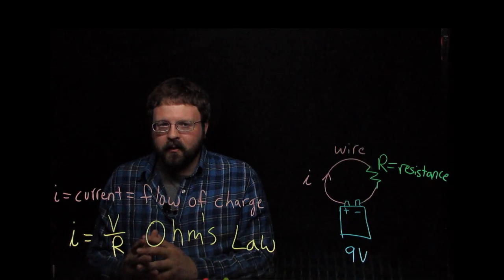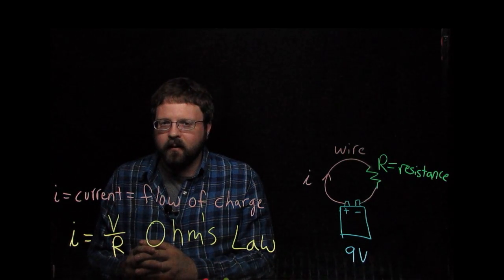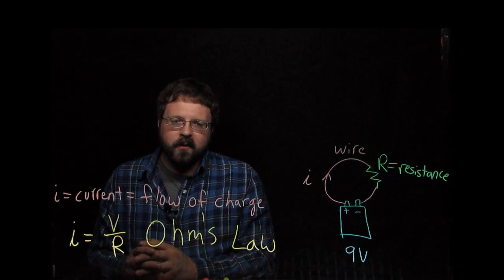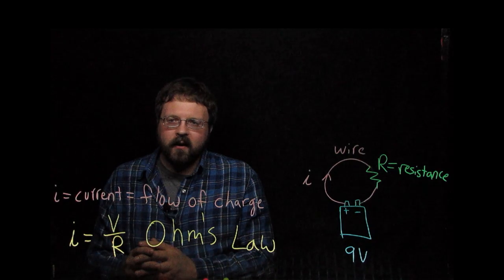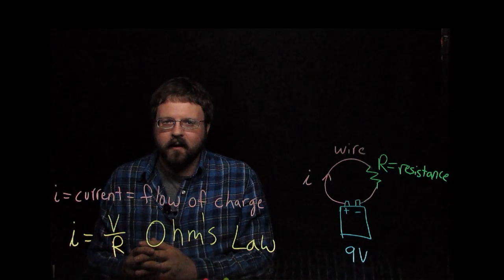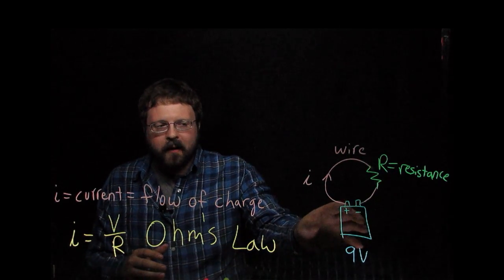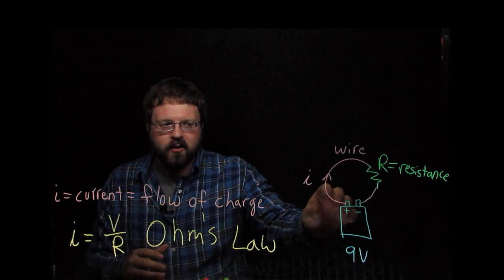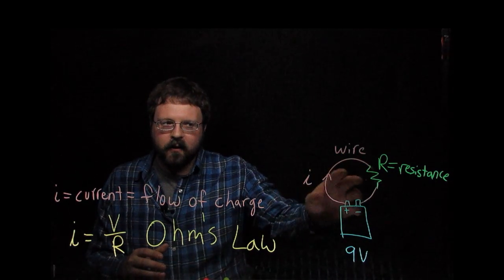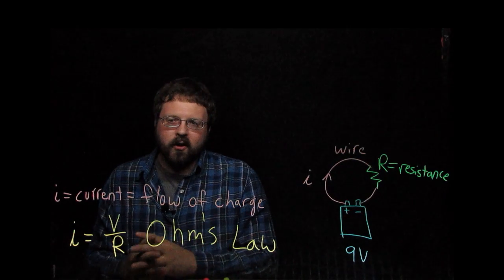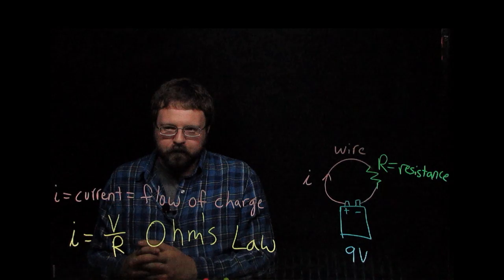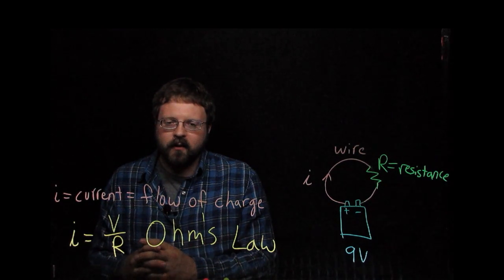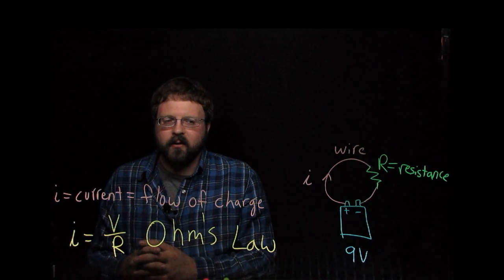In some materials, like metals, the charges can move around. We call those conductors. Other materials, like wood, plastic, and glass, are insulators, and they prevent the charges from moving around inside them. Components like batteries produce voltages, which can then push charges through conductors like wires, creating current, which is the flow of charge through the circuit. So in some of the next videos, we'll see how we can use this information and build some neat little circuits.